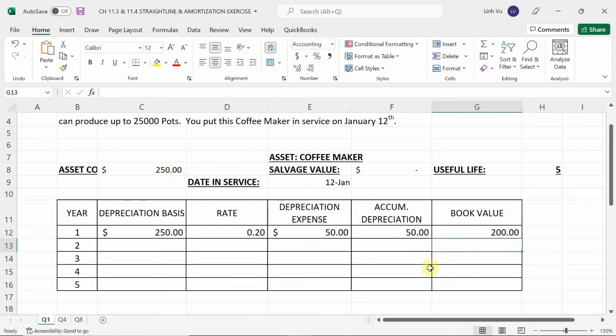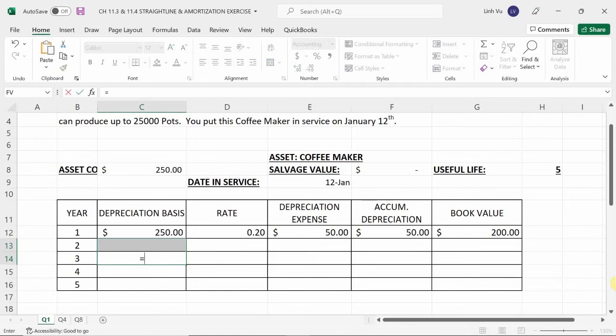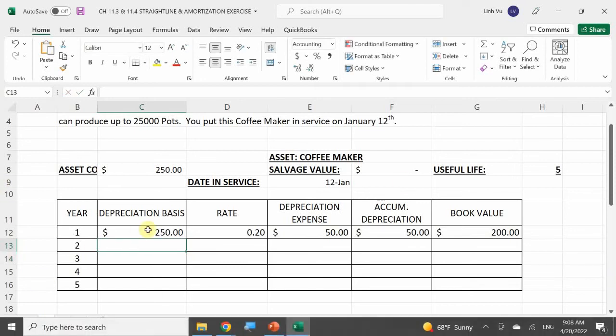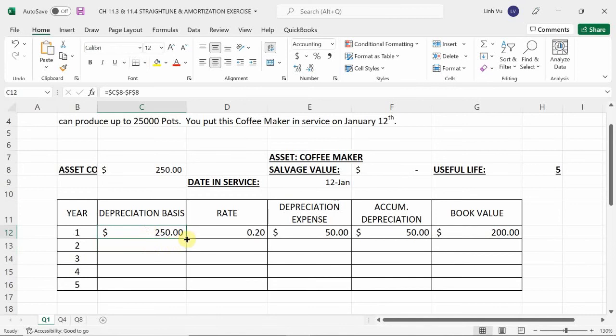So then let's go ahead and solve for the rest. Okay. So year 2, what's my depreciation basis? It's going to be 250, with 0.20, the rate. So then what's the expense? Another 50.